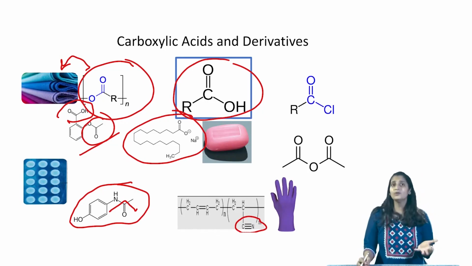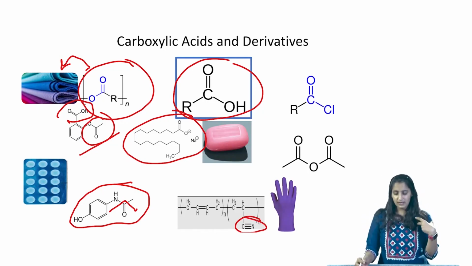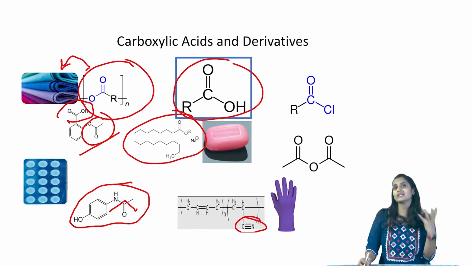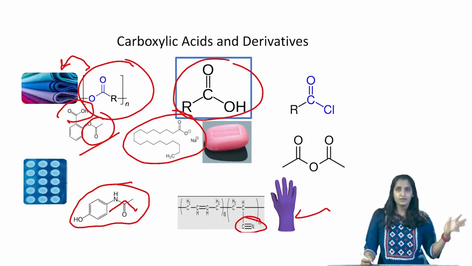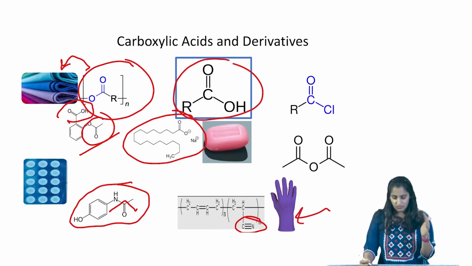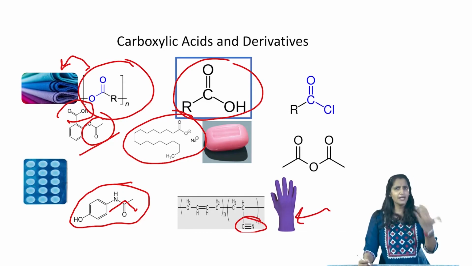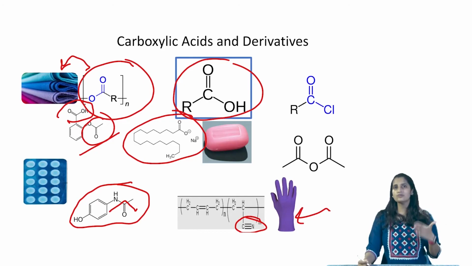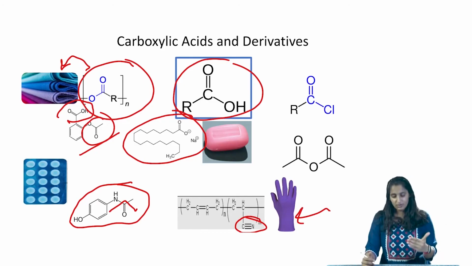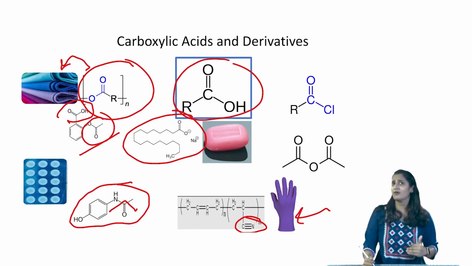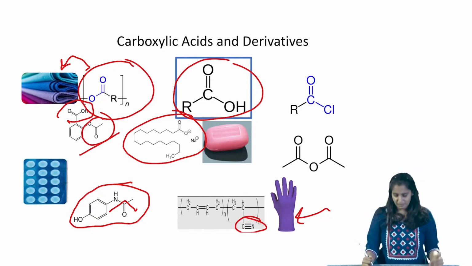Now, it may not look like other functional groups, as it doesn't have that characteristic C double bond O linkage. Here is a nitrile glove that we are using almost every day now, but here is the thing: even though nitriles do not look like carboxylic acids, they behave very similarly. So, they are going to do very similar reactions. That is why we are going to include some of the reactions, hydrolysis reactions of nitriles, in this chapter.